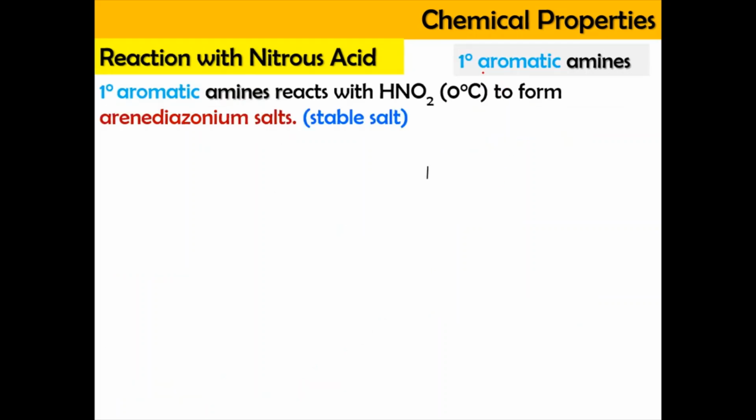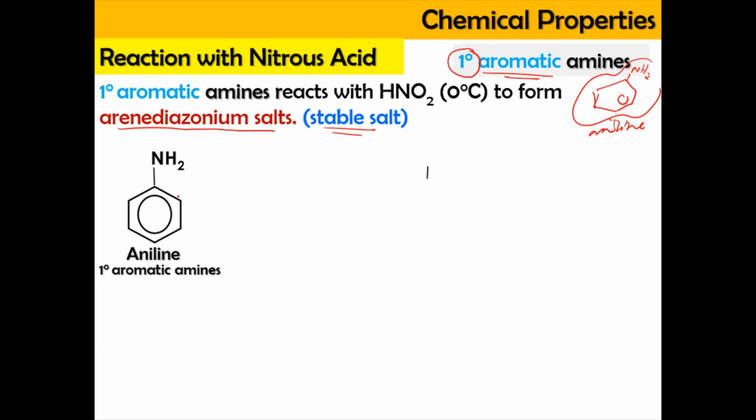Now we're going to look into the aromatic, but we only talk about the primary aromatic amine. The primary aromatic amine basically refers to a benzene ring attached with an amino group, also known as aniline. Okay, so the aniline is going to react with the nitrous acid at low temperature in order to form an arene diazonium salt, which is a very stable salt.